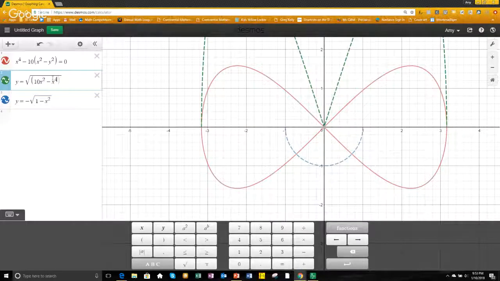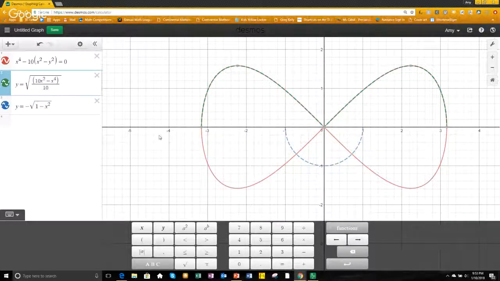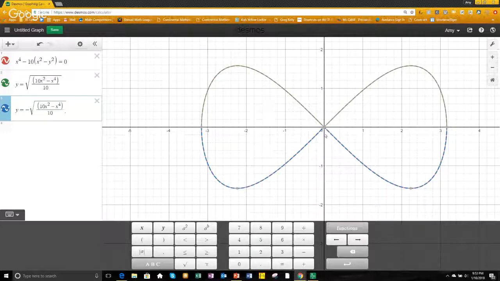Close the parentheses, divided by 10. You notice that that's the top half here in green. And I'm going to do some copying and pasting, and we're going to make this one a negative. And you see the bottom half.